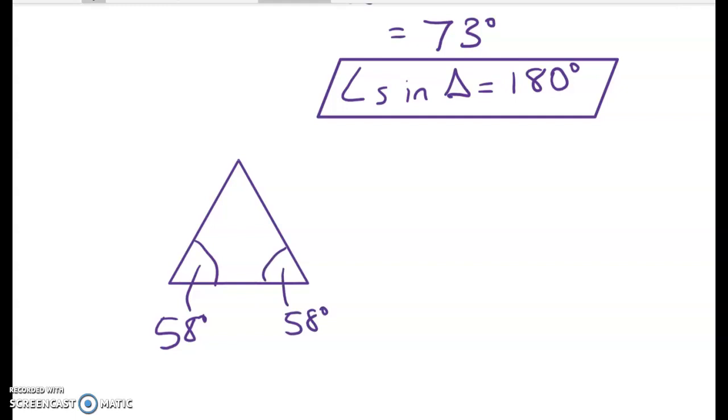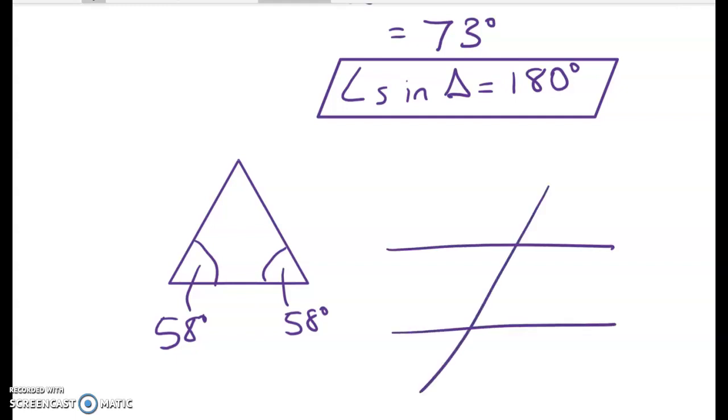And there are a couple of other places we've done that in this topic. One of them is when we were looking at parallel lines. So if I told you that this one was 80 degrees, and this angle was 100 degrees, we could say that these lines are parallel because the co-interior angles add up to 180.